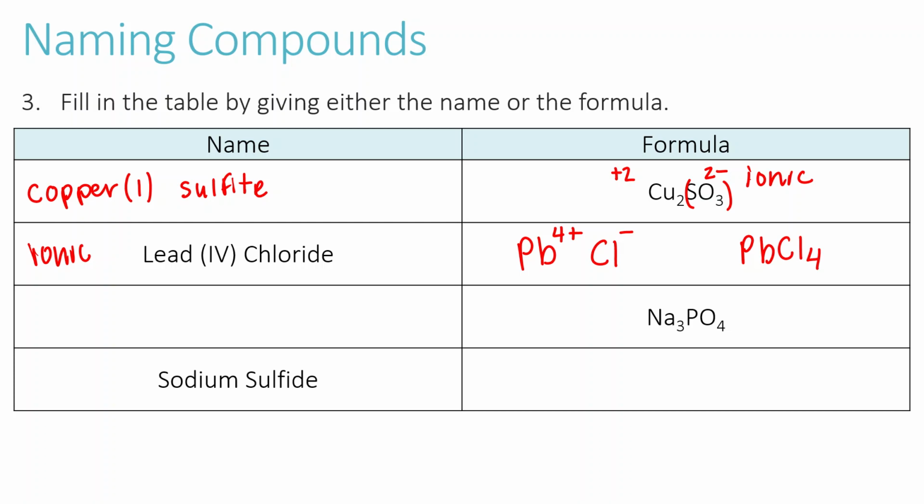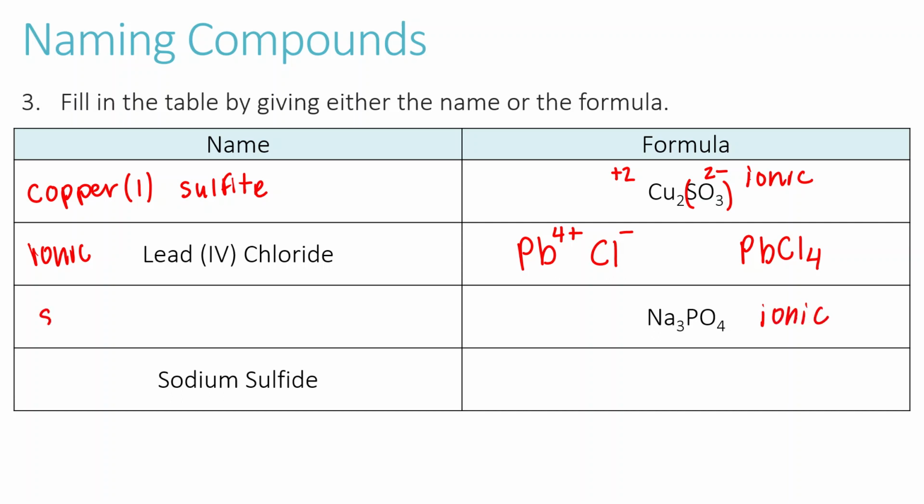Next we have Na3PO4. Sodium is a metal, and phosphate is a polyatomic ion. A good hint that you have a polyatomic ion is to count the number of elements that you have. I've got 3 elements here, so there's a good chance there's a polyatomic ion. So this is going to be an ionic compound.